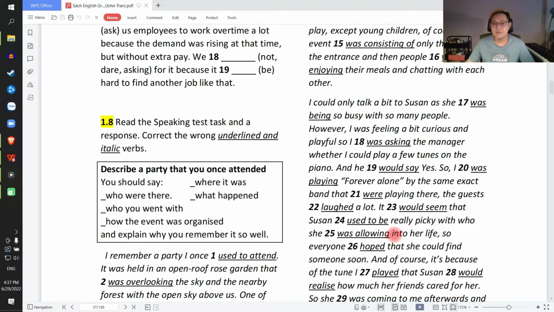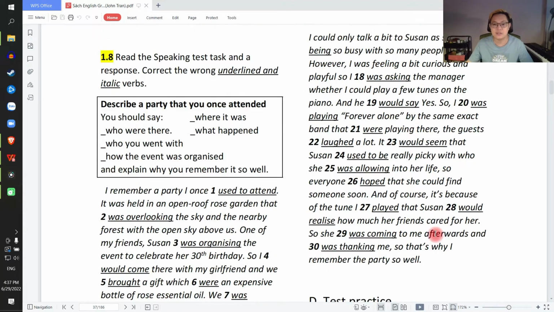Giống như là cô này kiếm được ai rồi, cho nên nó không còn đúng nữa. Nó sẽ dùng past simple bình thường thôi. So here it's a long-term situation that's no longer true. So Susan now could find someone already. So hoped that she could find someone soon. And of course, it's because of the tune I played.